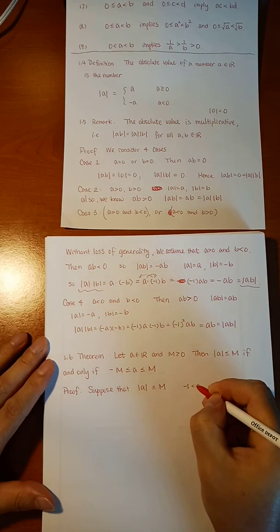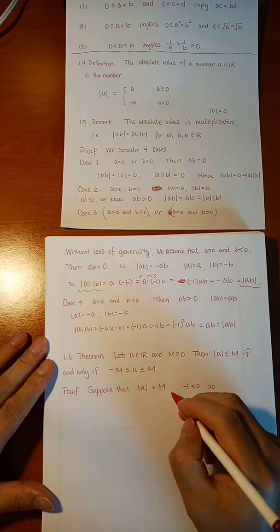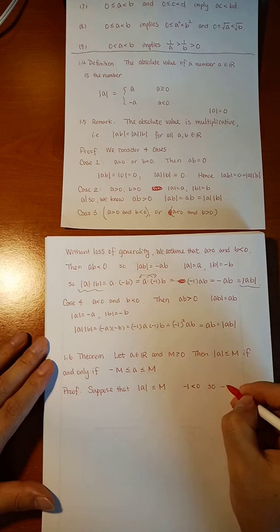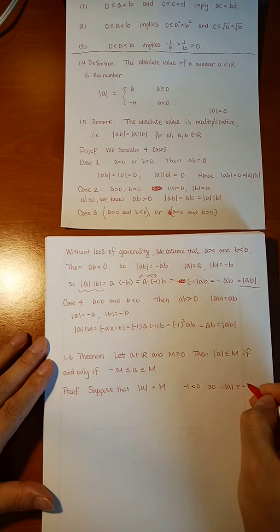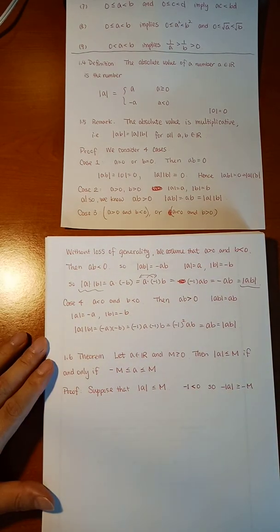We proved it. -1 is less than 0. So we multiply this inequality by a negative number, we're going to change the direction. So negative absolute value of A is going to be greater than or equal to -M. This is the result directly from the original assumption.